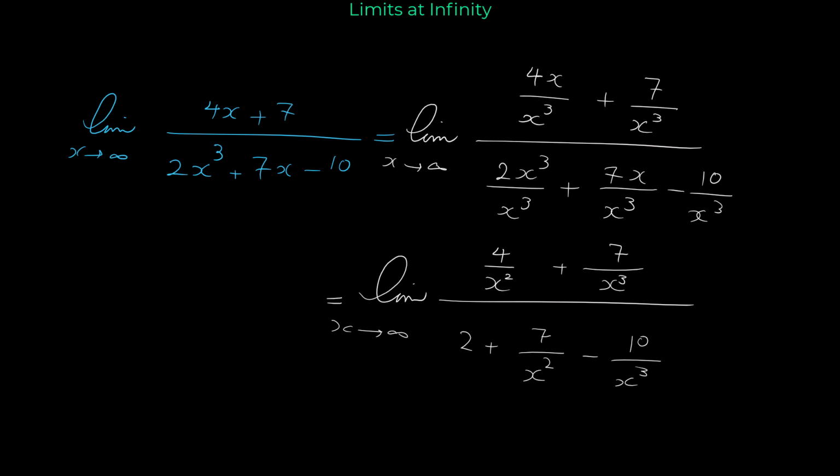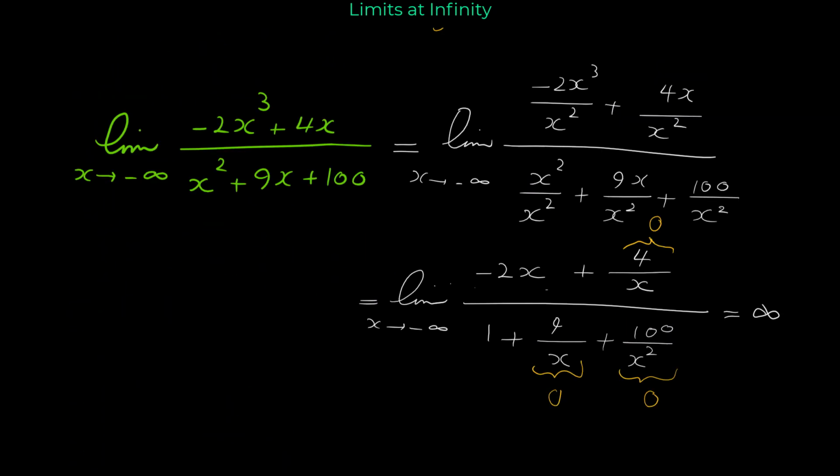Now, if you pay attention, what is this limit? 0, because we have a number over infinity. 0 also here. This is also 0. So the numerator is simply 0. What is the denominator? Only 2. What is 0 over 2? 0. So this limit equals 0.